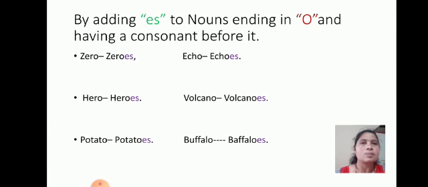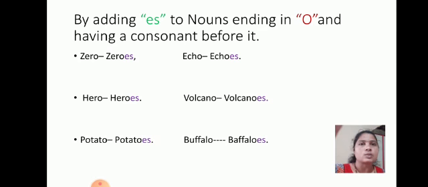So there are some words which end with O, but before O there is a consonant. For example, zero. The word zero ends with O, but before O there is a consonant R. So in plural form we have to add es at the end.